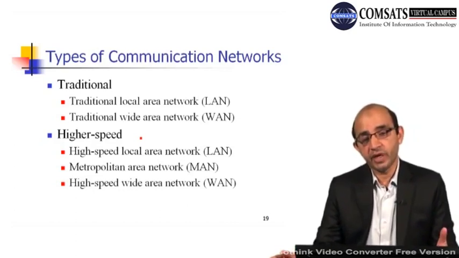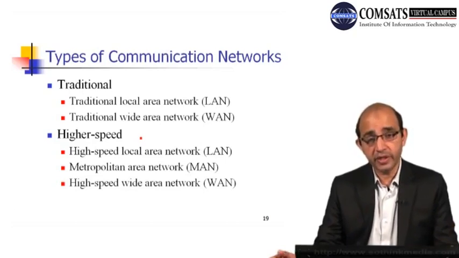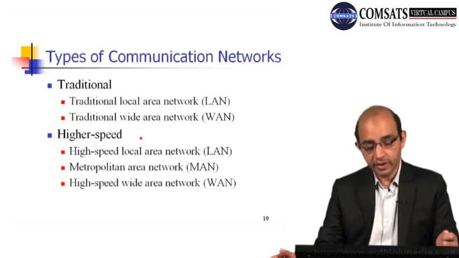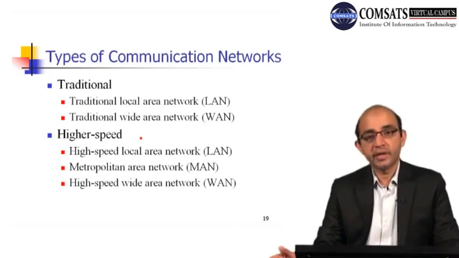For example, when we have to connect two cities, we need to use a high-speed backbone link between two cities, and we normally prefer fiber optics, right? And we can say that this lies in the category of wide area networks.